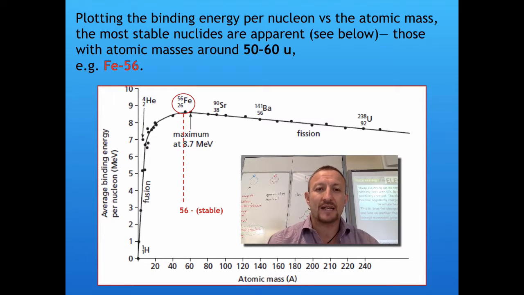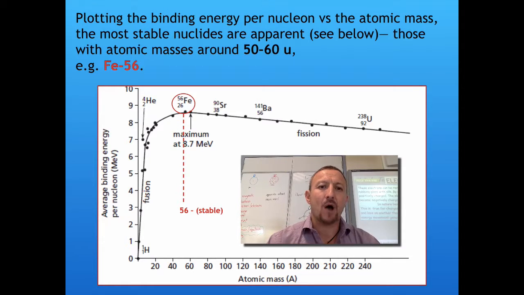So iron, Fe-56, basically has a binding energy which is so big that you can't put any more energy in. It's the most stable point of that nucleus, because you'd have to put in a lot of energy in order to break it out.